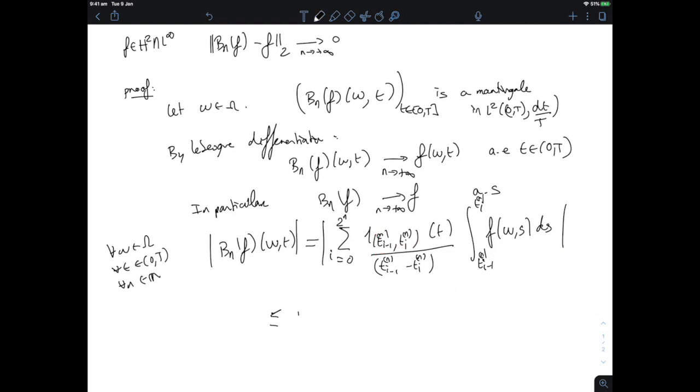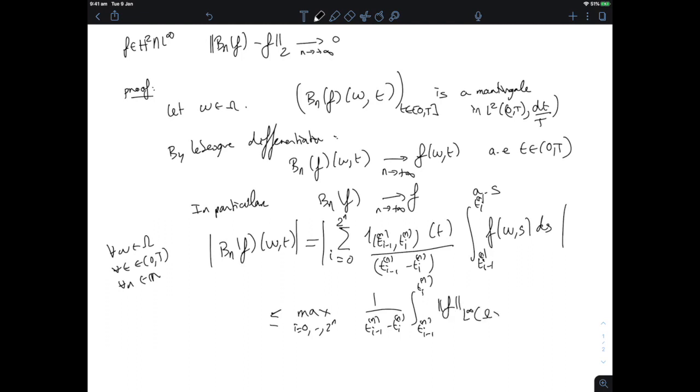So this is certainly smaller than the maximum over all i's of 1 upon the length of t_{i-1} to t_i of, well, I might as well control F by its supremum, so the sup norm of F.